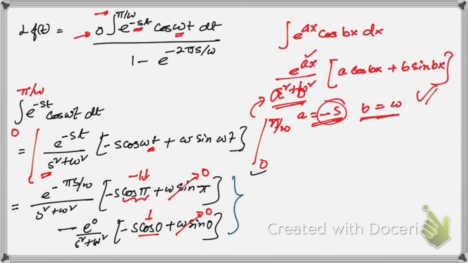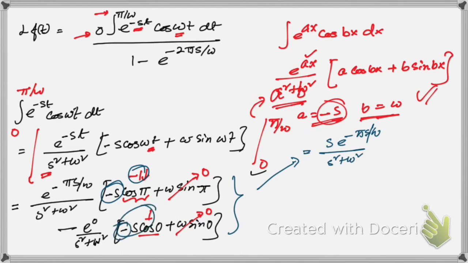So using this result, minus 1 into minus s is going to be positive s, and you're going to have s e to the power minus pi s by omega by s square plus omega square. And here this is minus 1 into s minus s, and then again it is minus, e to the power 0 is 1, then minus minus is going to be plus. So we have got this result.